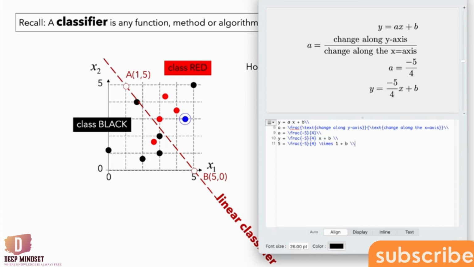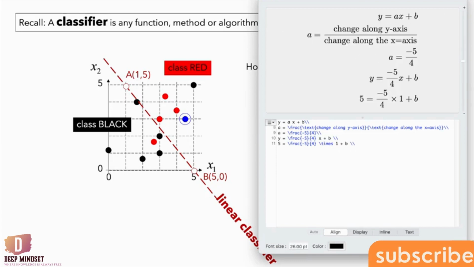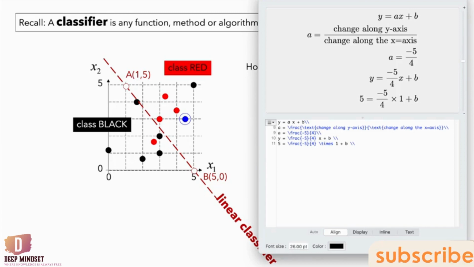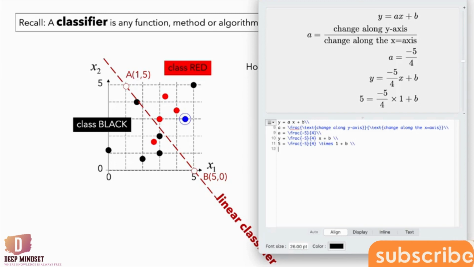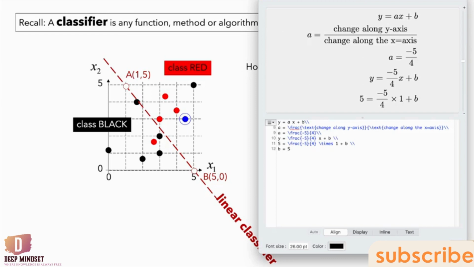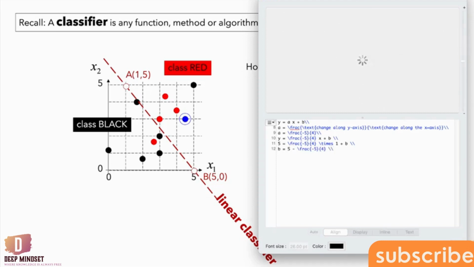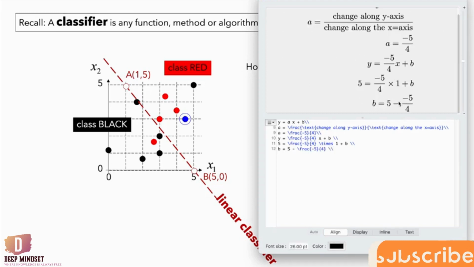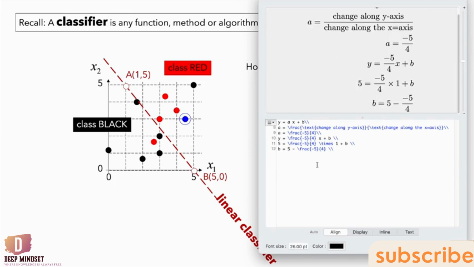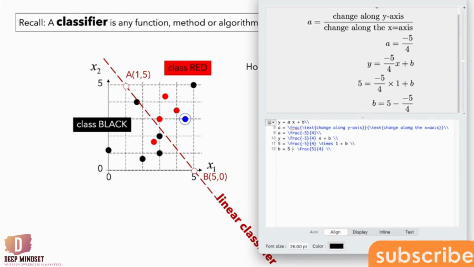So basically what we don't know is the value of b. Well, b is equal to 5 minus this. You notice that you got minus minus, so we could get rid of the minus. So b is equal to this.